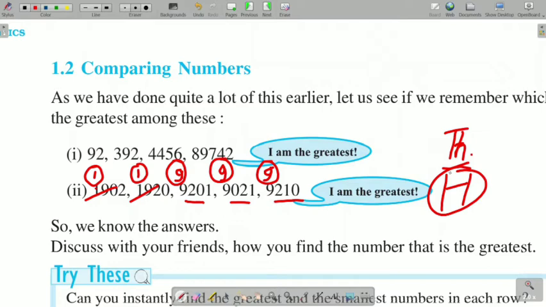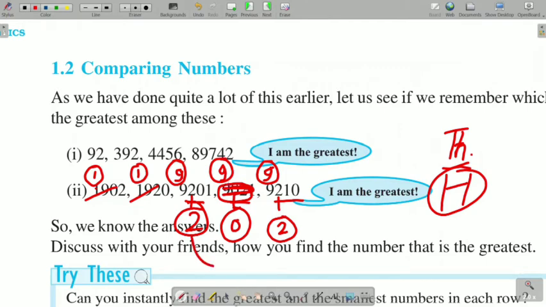So now we come to the next place, the hundreds place. Here in the hundreds place, we have 2, here we have 0, and here we have 2. So this number, 9021, cannot be the greatest.